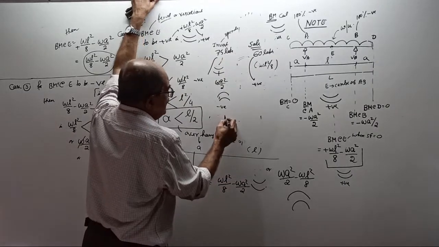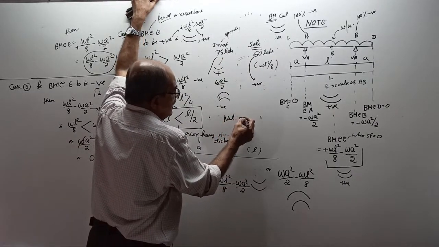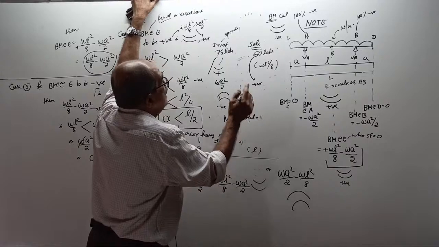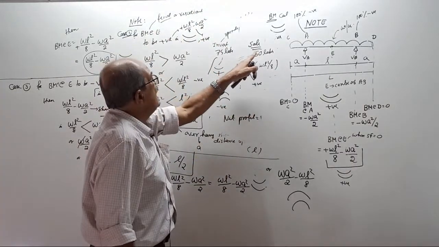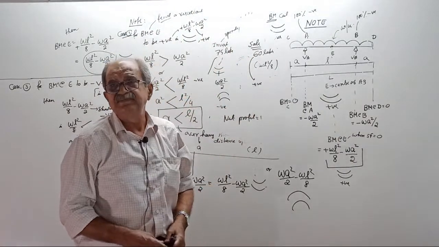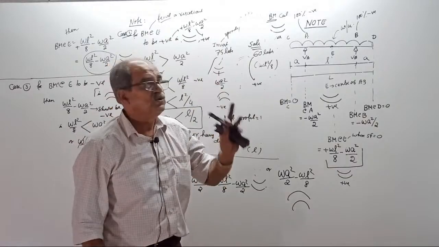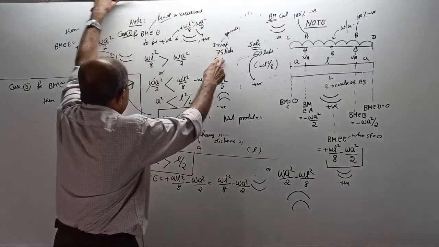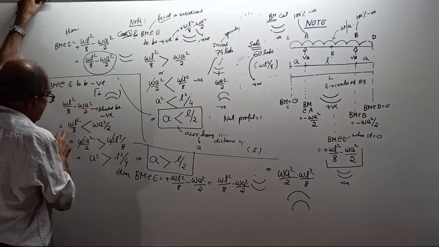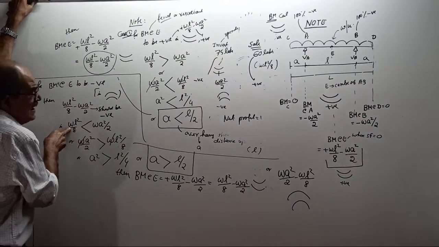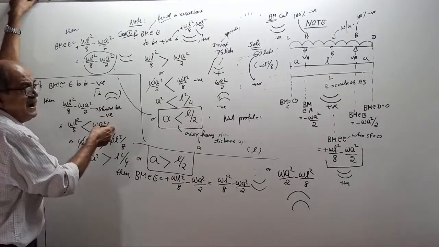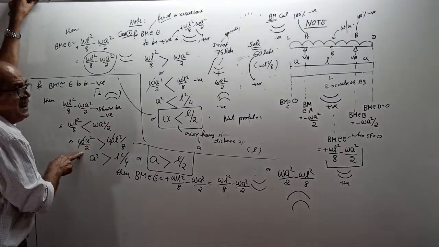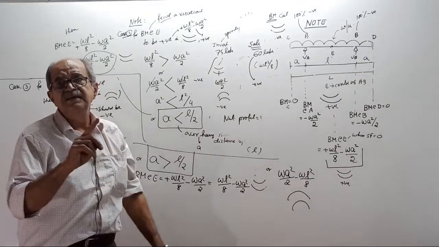Therefore, tell the net profit. Selling amount is less than spending amount, or spending amount is more than selling amount.